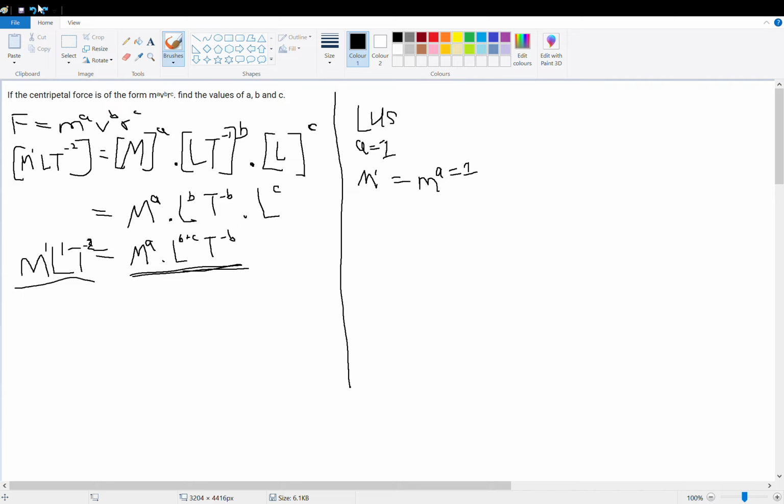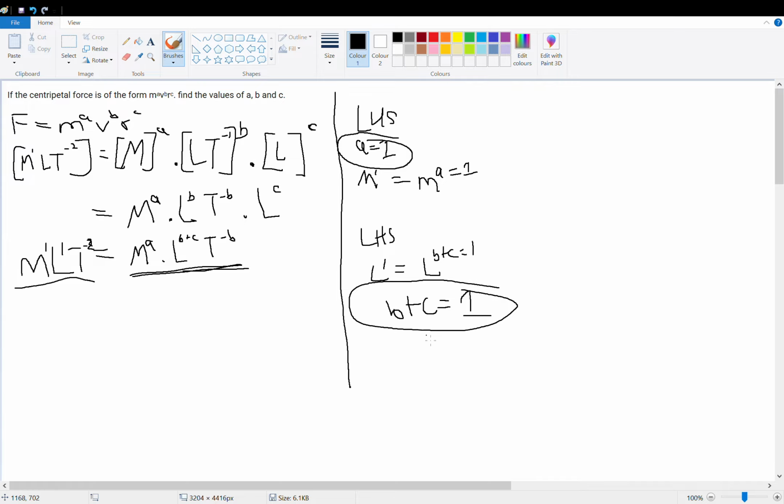So a is equal to 1. Now from the LHS, L's power is equal to the RHS, b plus c, so we know that b plus c is going to be 1.